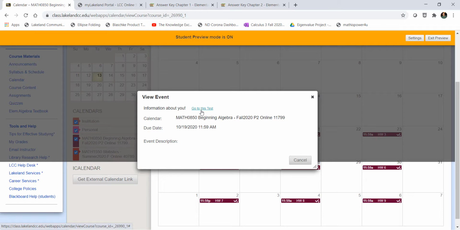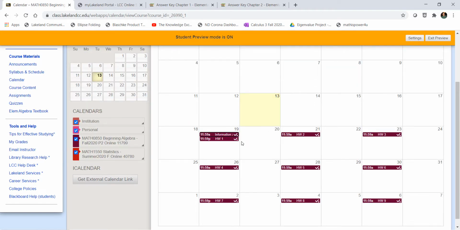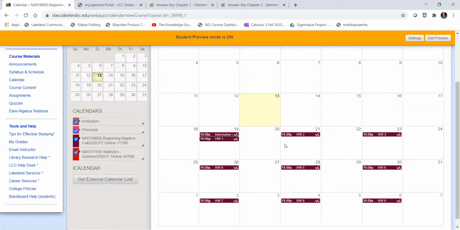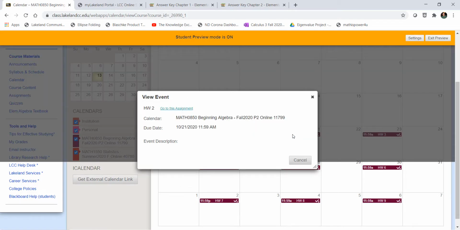And anytime we have a quiz, or something on a chapter like that, I will take the assignment and change when it's collected. You'll notice that homework number 1 is actually not due until midnight on the first day. Usually I'll collect the assignments at 11:59 a.m. Okay, so noon.